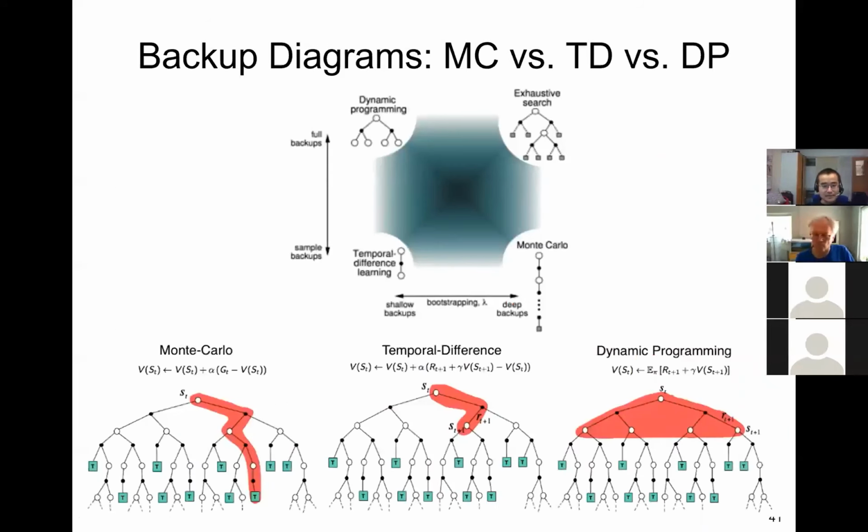So here are the backup diagrams. For Monte Carlo, you run all the way to the leaf, the end of the episode, the terminal state, and then you do a backup along the path for all the states encountered in the episode. For TD learning, you do a one-step backup with bootstrapping, updating V(St) based on V(St+1). For dynamic programming, you do a full backup.